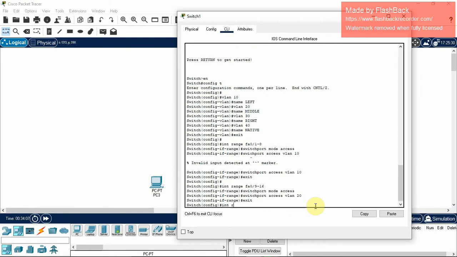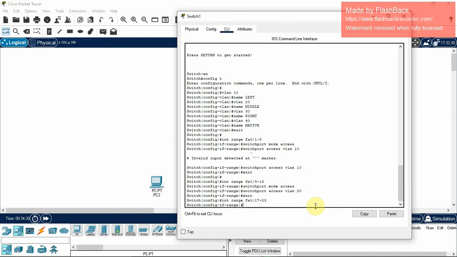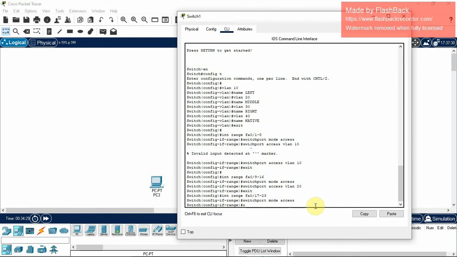Another range is going to be FastEthernet starting from 17 and ending at 23. This is going to be for VLAN 30.